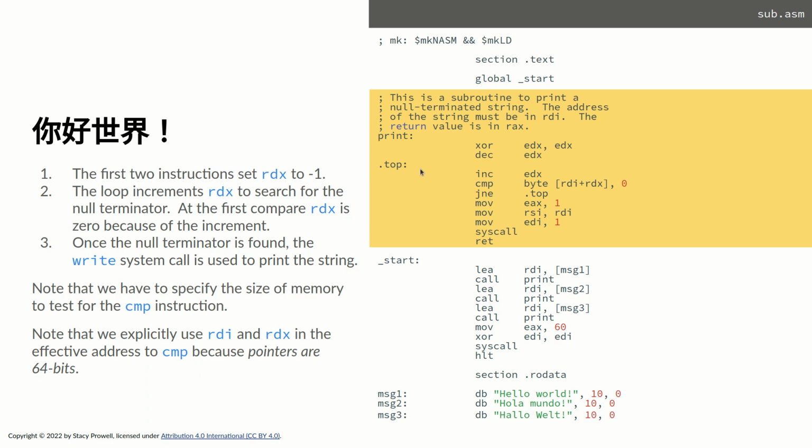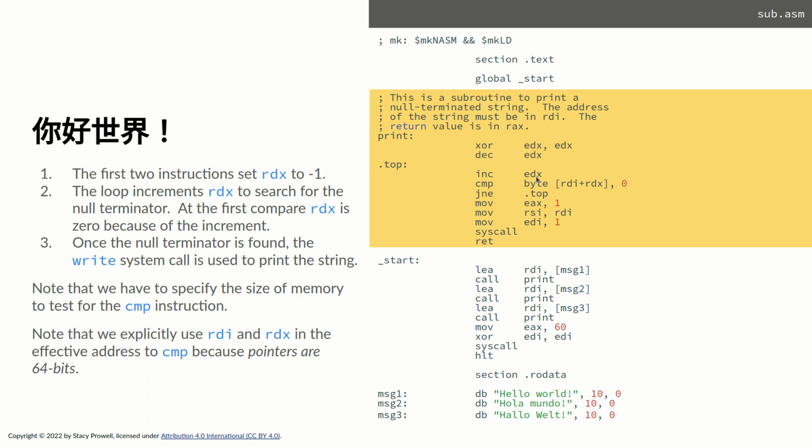So here's the top of my loop. What does my loop do? Well, the first thing I do is increment EDX. So it started out -1. Now it's 0. I compare the byte at RDI. That's the thing that we're provided as the argument. That points to the start of one of these strings. So I compare that byte plus this offset right here to 0. Now, you may wonder, well, that's 64 bits, and you said that this was zero extended. It was wrong.